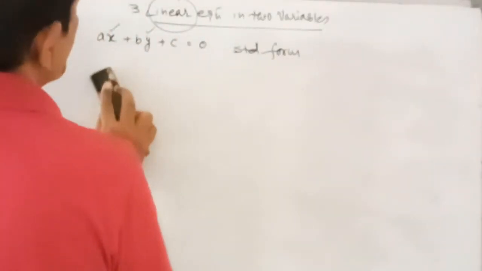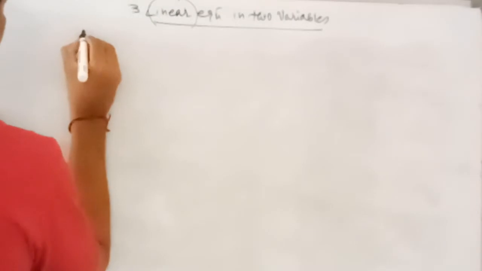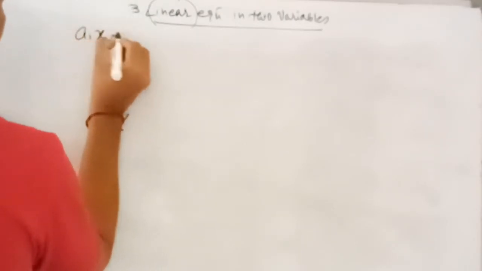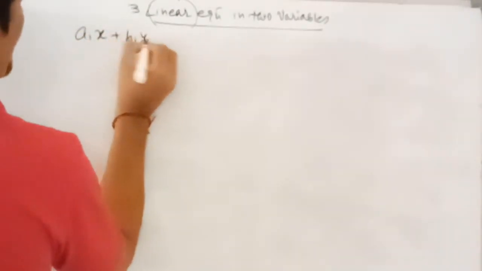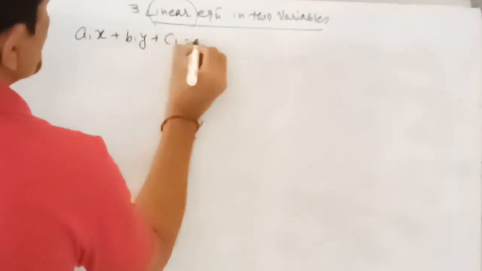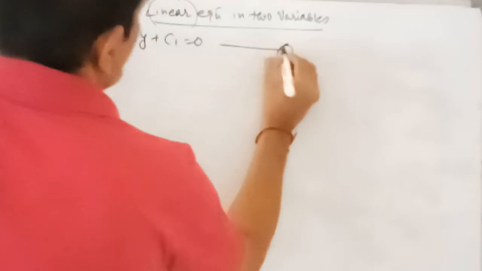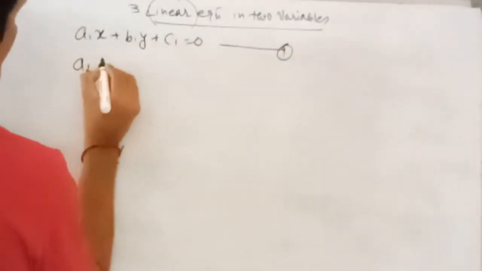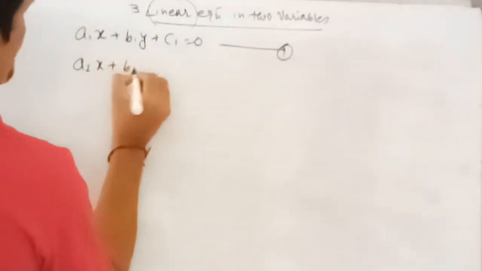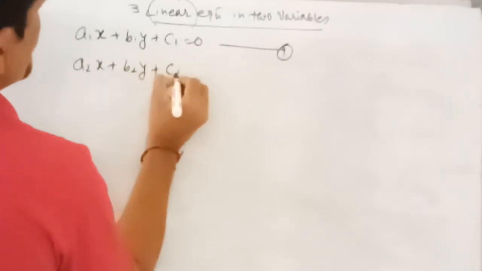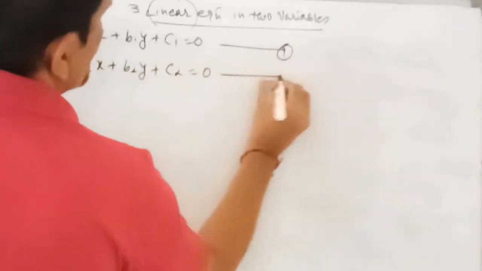Now the important thing we covered in this: suppose we have two equations, of which one is a1x plus b1y plus c1 is equal to 0. This is the first equation. The second is a2x plus b2y plus c2 is equal to 0.